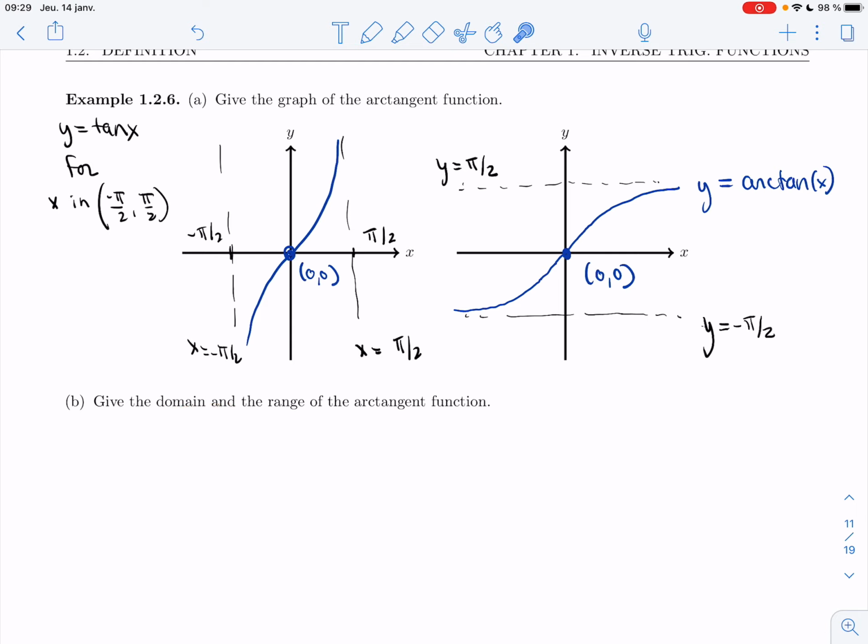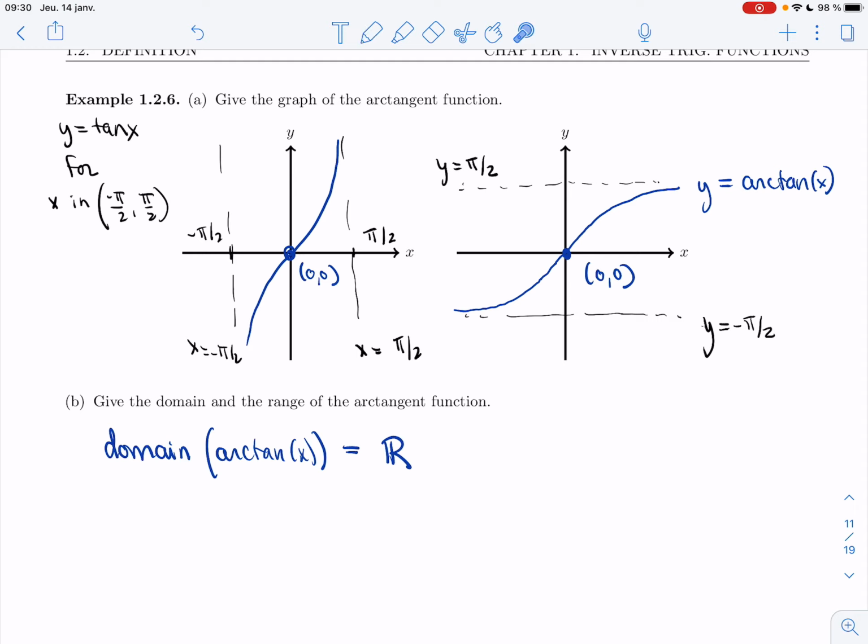For the domain, it's every x value where we have a graph. So here, if you notice, every single point on this axis corresponds to a value, and so the domain of arctangent is all of R. All right, so that's a nice function, a function that's always defined.